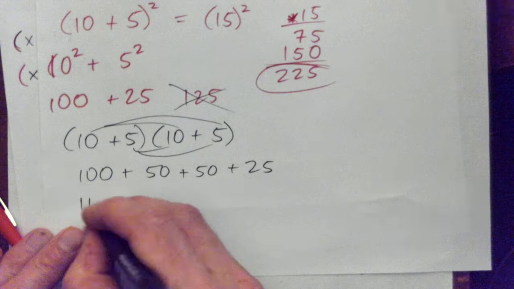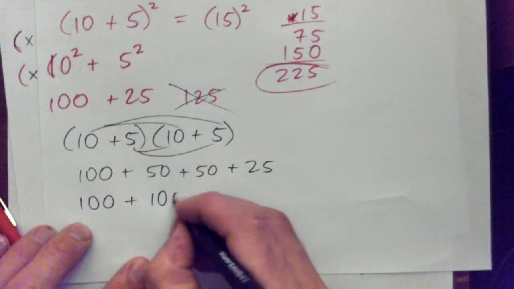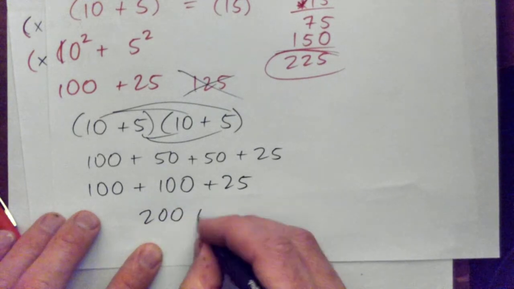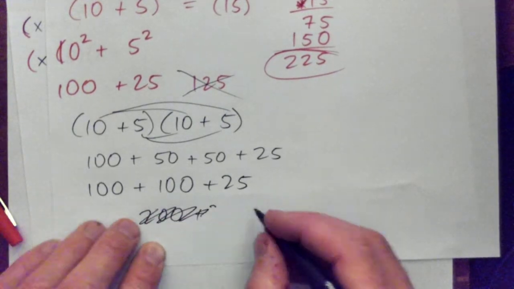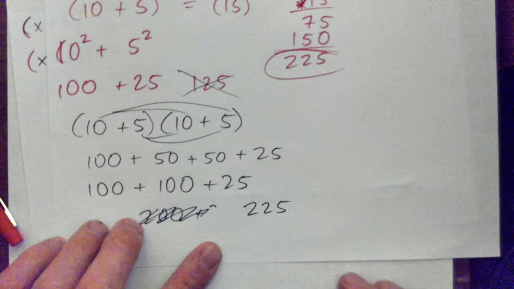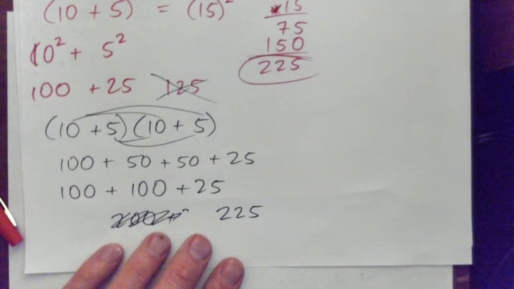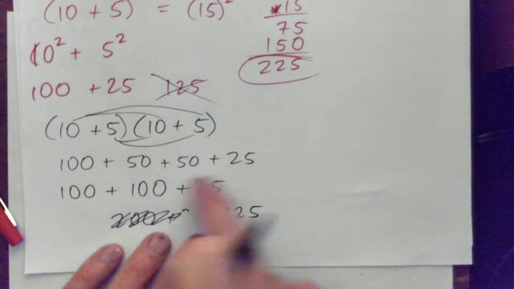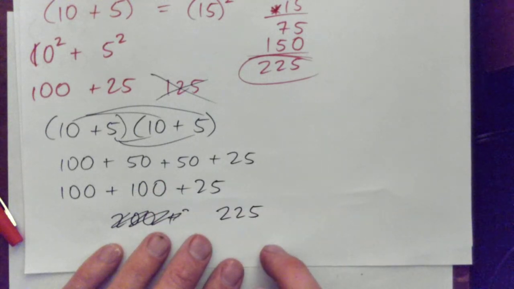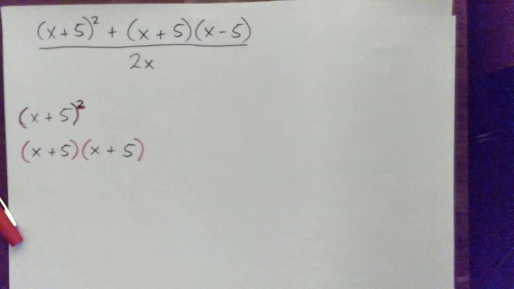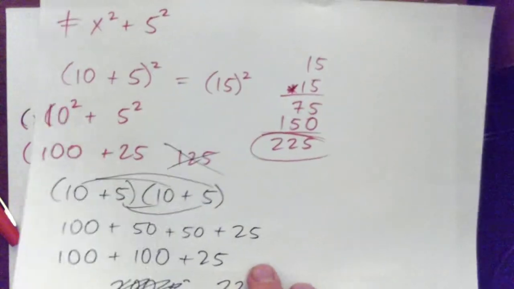And now we've got our 100 plus another 100 plus 25. That makes 200 plus 25, which is 225, right? So that is why we do it that way. And I'll come back to that, because this multiplied out looks a lot like multiplying out (x + 5).